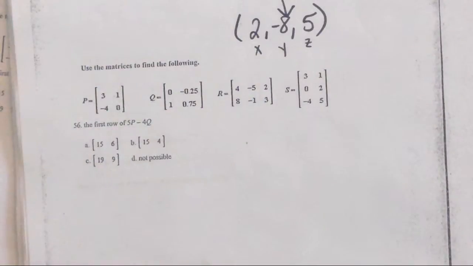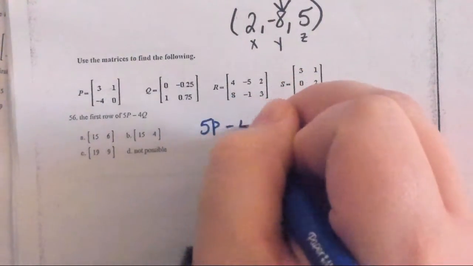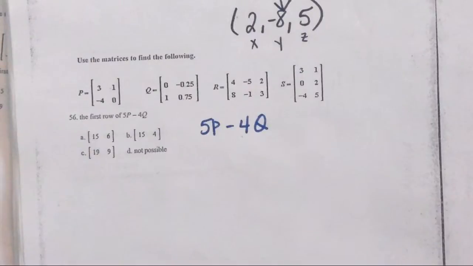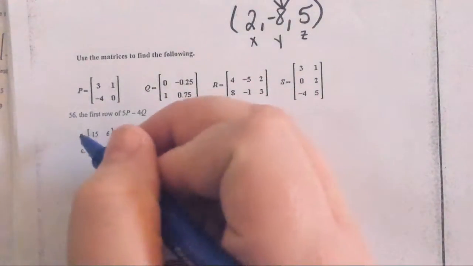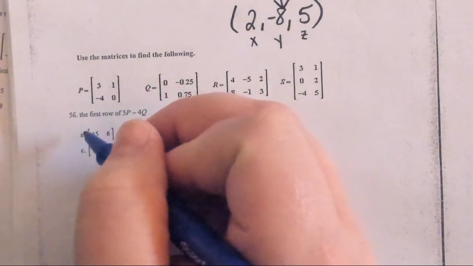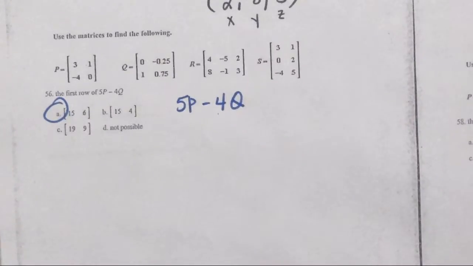We're supposed to find the first row of 5P minus 4Q. It is A. What would be the easiest way to solve this problem?